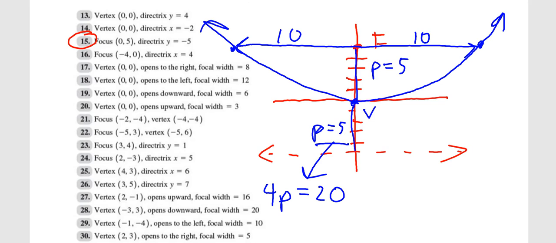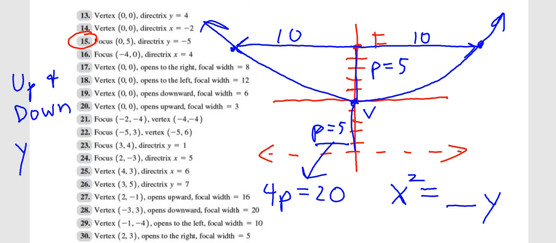So we got our picture so far. Is this going to be x squared or y squared? x squared equals something y, when it opens up and down. Those are the ones we did last year that reminded you of something like y equals ax squared.